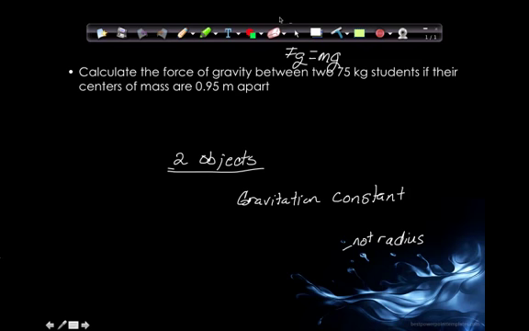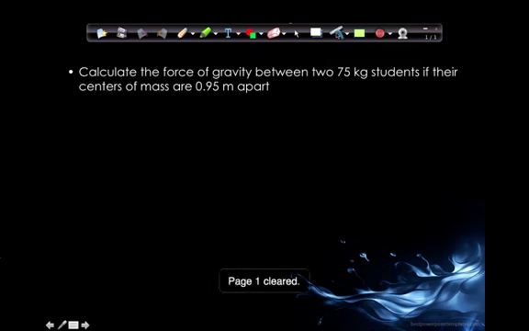All right, so let's go ahead and calculate a force of gravity here. Calculate the force of gravity between two 75 kilogram students if their centers of mass are 0.95 meters apart. First of all, we are looking for Fg, force of gravity. I know that I'm not using 9.8 here because I have two objects.